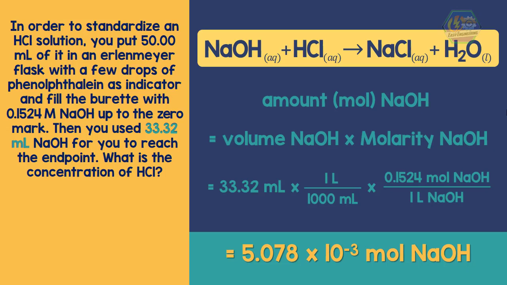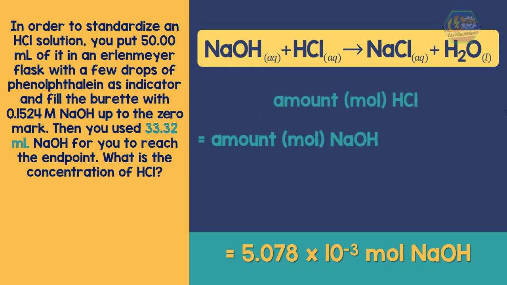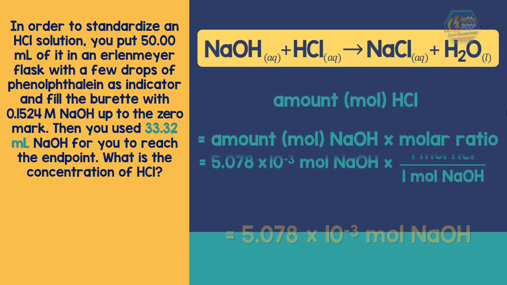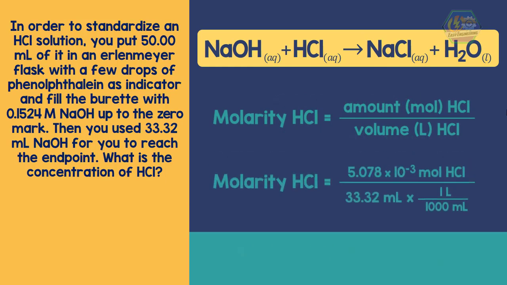Then from the balanced equation, we can convert the amount in moles of sodium hydroxide to the amount in moles of HCl. Then we can compute the concentration of HCl. Hence, the concentration of HCl is 0.1016 molarity.